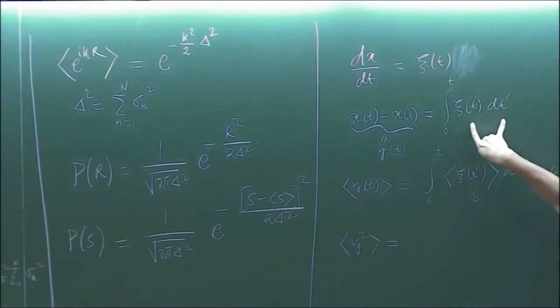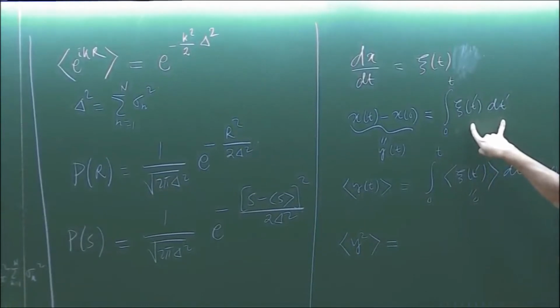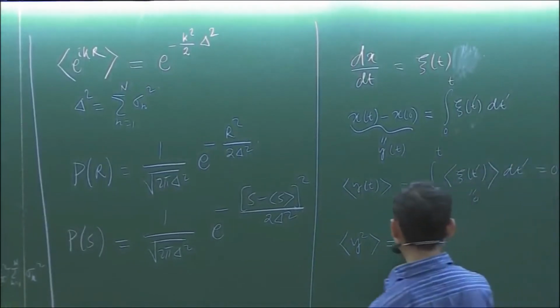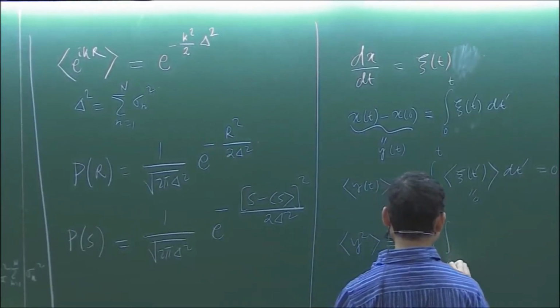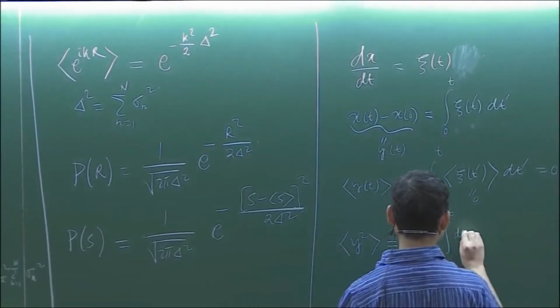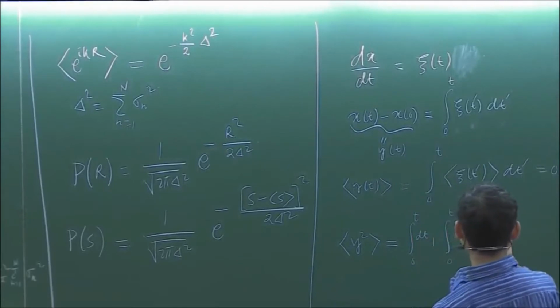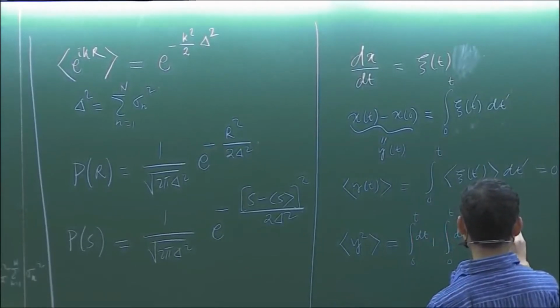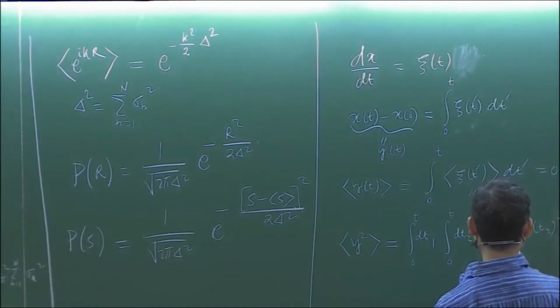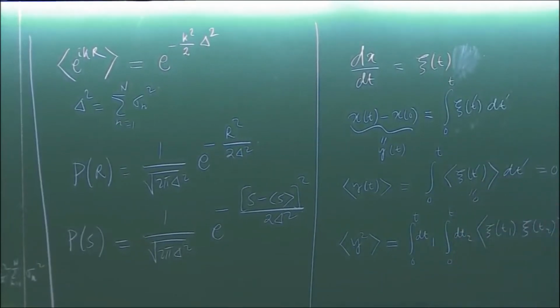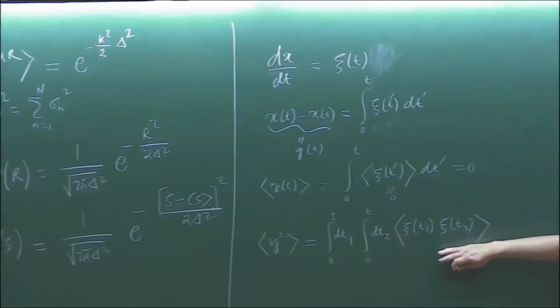I have to multiply this integral twice, right? So this is the integral from 0 to t dt1, from 0 to t dt2, of the noise at t1 times the noise at t2. Now what is this correlation?